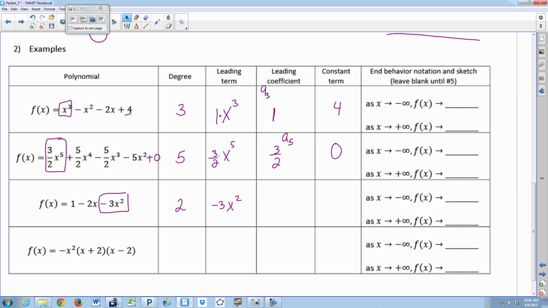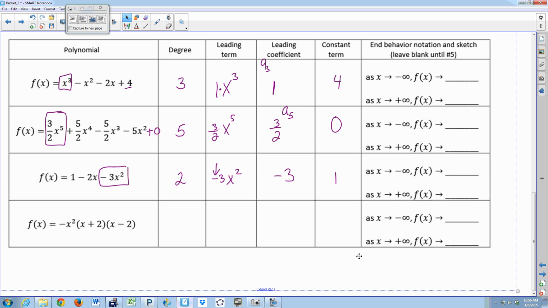The sign that comes with it. In this case, since subtraction precedes it, the subtraction sign becomes the sign of the coefficient, okay? What's the leading coefficient, Govani? Negative 3. And what's your constant term here, Govani? 1. All right, and we've got Amber and Fabian.